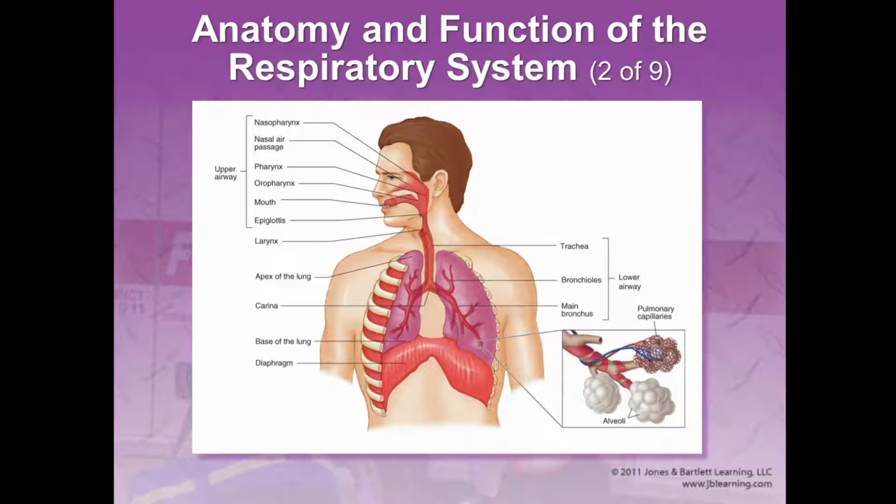Carbon dioxide gets out of your bloodstream into the pulmonary capillaries, and when you breathe out, that carbon dioxide leaves. It's important to know that the air that we breathe in the world only contains roughly 21% oxygen.